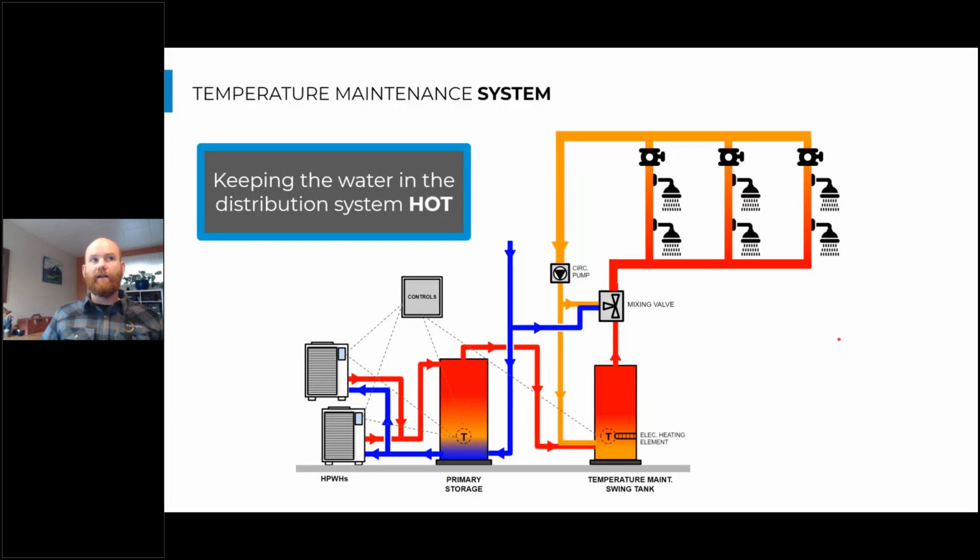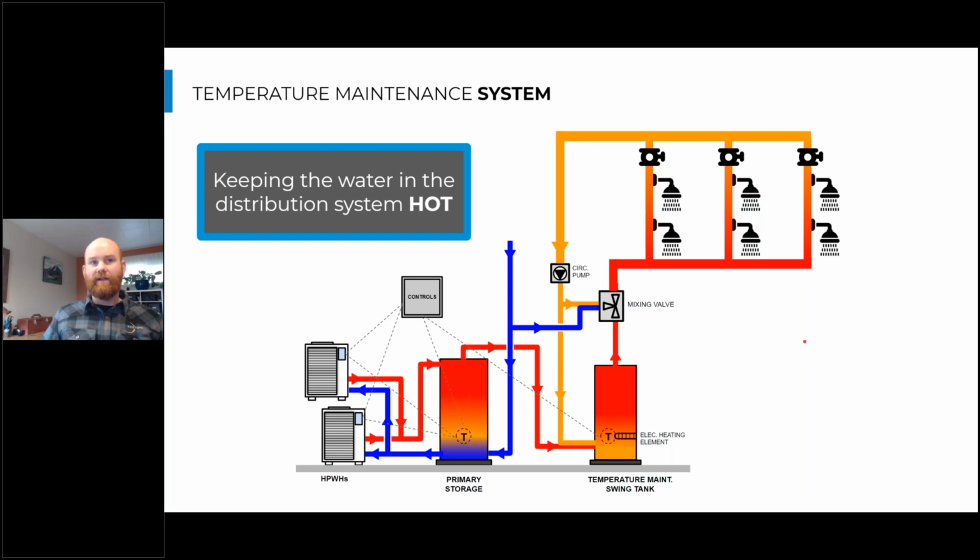So our temperature maintenance system is keeping the water in the distribution system hot. With our gas water heaters, we can take this return circulation water right back to what we would consider our primary storage, and then this just connects to the mixing valve and out. But with our heat pump water heating systems, that can present issues, and so we want to address this through design.